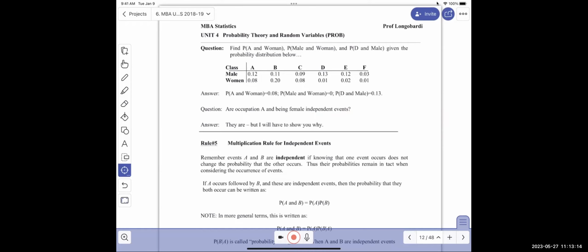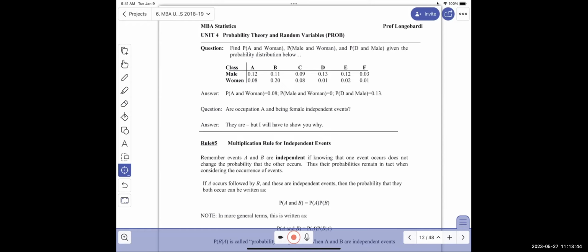What does independent mean? It means if I know that the person comes from occupation A, it doesn't change the probability of their gender. Now, in general, that's not necessarily the case. If I know that someone comes from health service support, like being an admin assistant or being a nurse, it's more likely they're female, right?